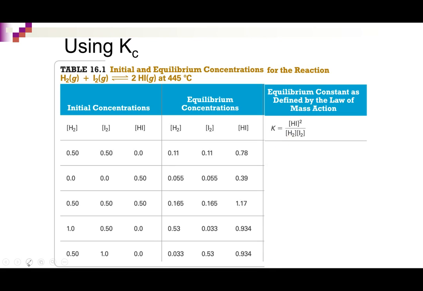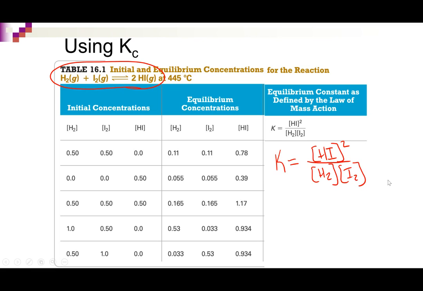The first thing I would do is write the equilibrium constant expression. K equals, here's my reaction, products, HI squared over reactants, H2, oops, that's an H, I2.